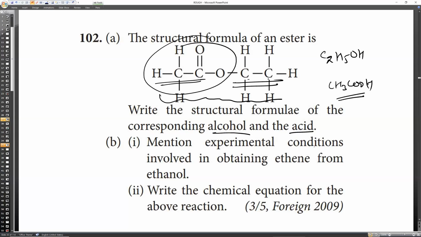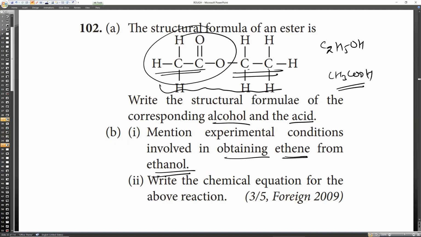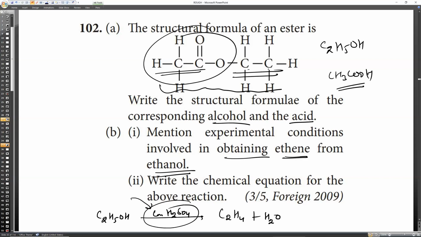And mention the experimental condition involved in obtaining ethene from ethanol. This is very simple: when you have C2H5OH and you add concentrated H2SO4, this question has been repeated so many times. This will give you ethene, C2H4, plus water. The experimental condition is that it should be heated with concentrated sulfuric acid at 443 Kelvin.